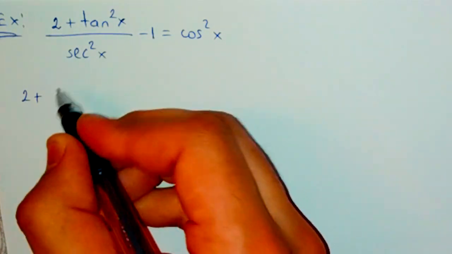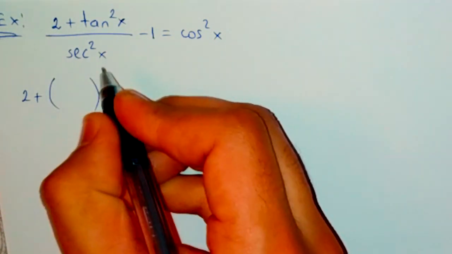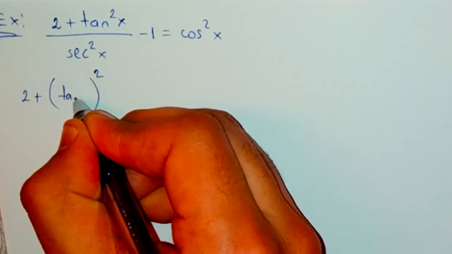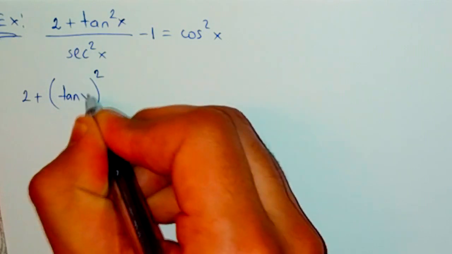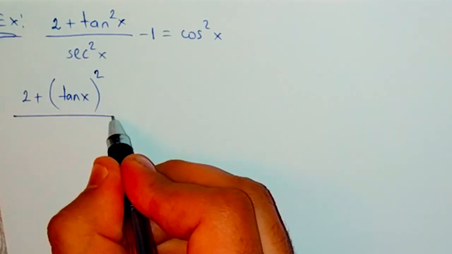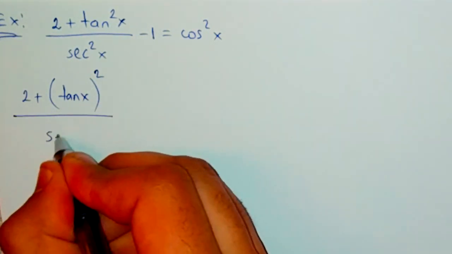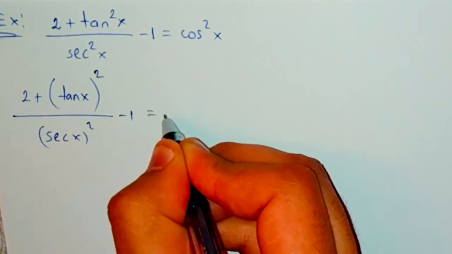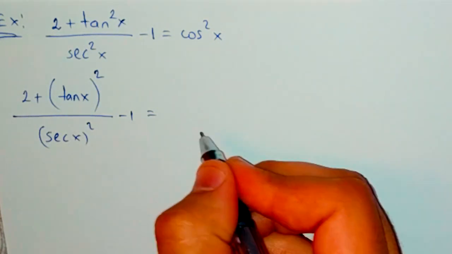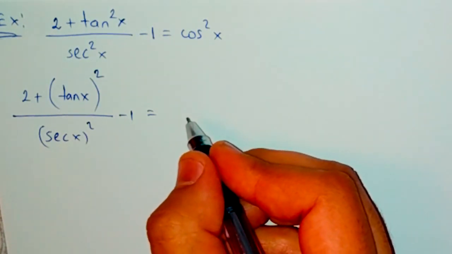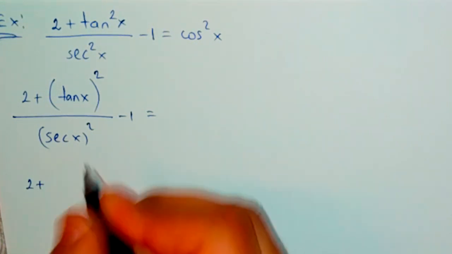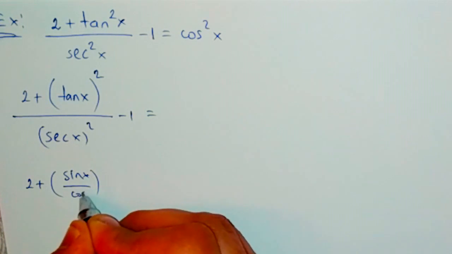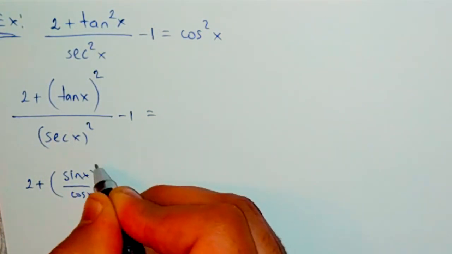That's why we can change the form of this expression like tangent squared x over secant squared x minus 1, which must be equal to cosine square x. We'll verify later.